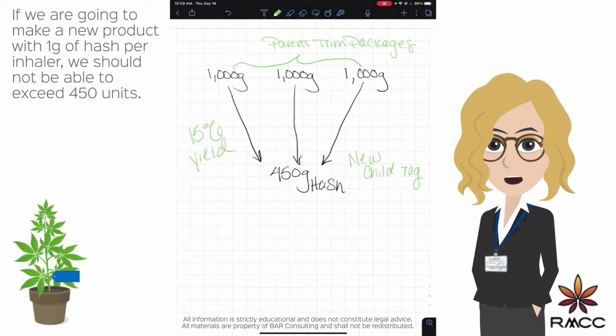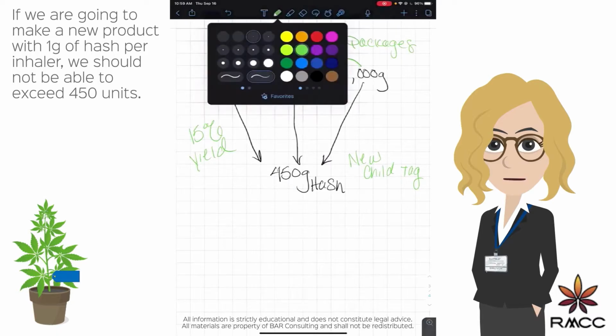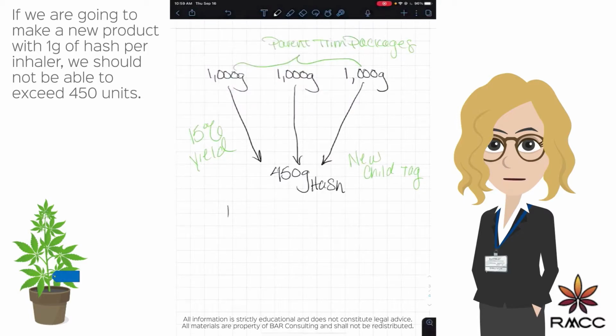Theoretically, with 450 grams, and if we're going to make a new product with 1 gram of hash per inhaler, then the new amount of units that we are going to create in this assembly theoretically shouldn't be able to exceed 450 units, because 1 unit equals 1 gram.